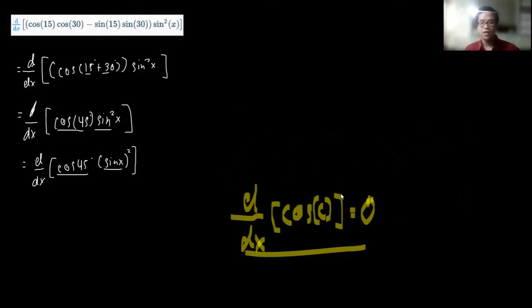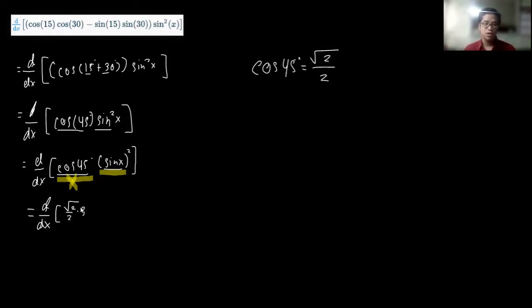So instead of including them both to find the derivative of cosine 45 degrees times sine of x raised to 2, since cosine 45 degrees is just a constant, leave it be. Remember the constant rule: don't touch the constant. Just derive the next part of it.